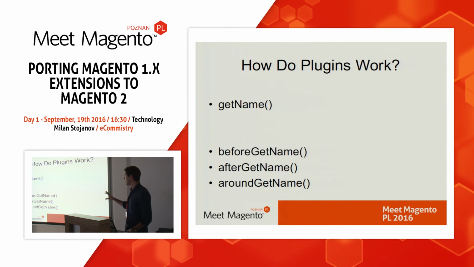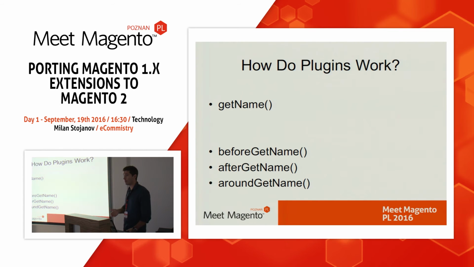But essentially, just to give you a brief overview, if you have a public function getName in the core or wherever else where you need to rewrite it, you can define a plugin class, and you can have the methods named in the same way as you would call them in plain English. So if you want to add some behavior before the original method is called, you can create beforeGetName.